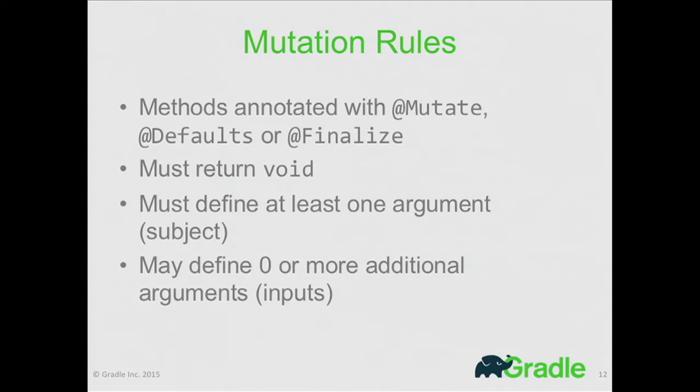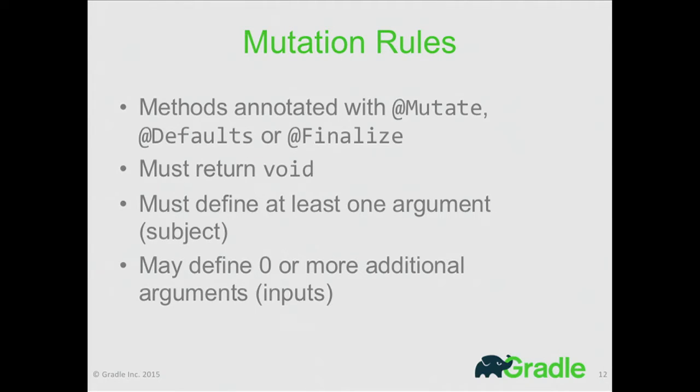So the convention for a mutation rule is that the rule will return void. The rule doesn't return an object, it just acts upon something that we give it. It's the dependency injection thing. I'm going to hand you the thing that you're going to mutate as an argument. You define at least one argument to that method, and that argument is going to be the subject, the mutable model element that we're dealing with.